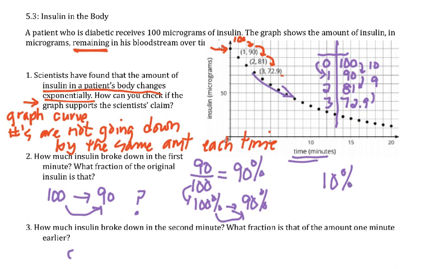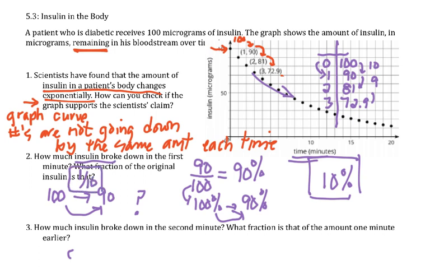So how much insulin broke down in the first minute? 10% did. So in order for me to go from 100 to 90, this is 10% or 1/10.